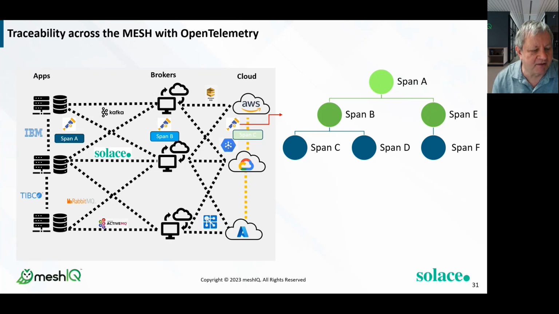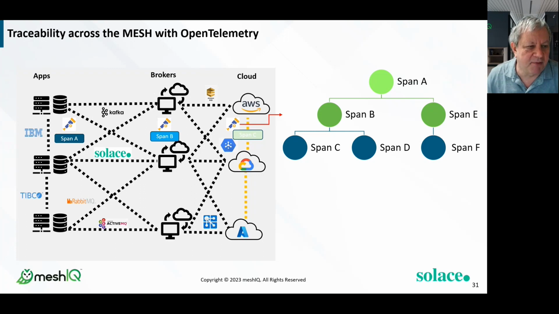So a term that meshIQ has been using for many years, the concept of stitching things together, is basically bringing correlators produced at the different parts of your application together in order to be able to see what's going on. So with OpenTelemetry, you now have visibility directly into those spans from the components that are producing them.